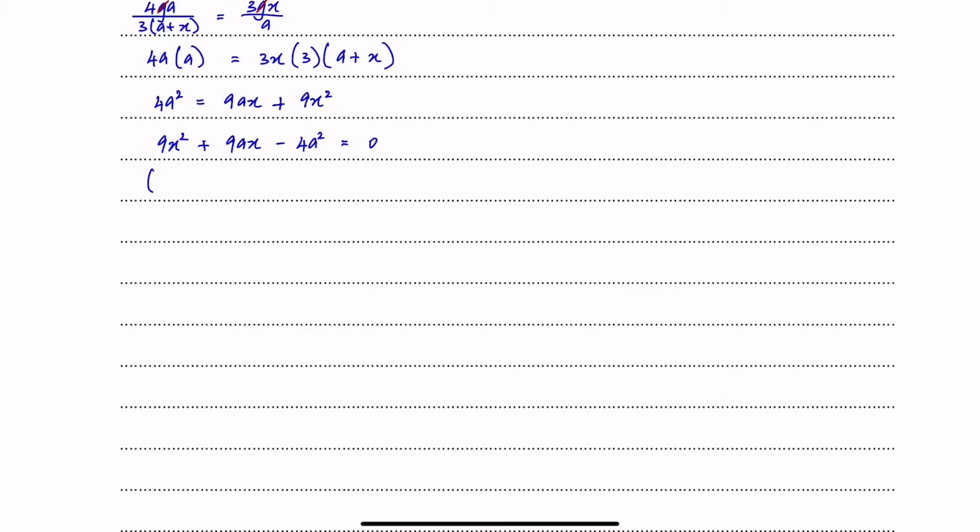And we factorize this, we would get 3x minus a and 3x plus 4a. So x would be 1/3 a, and x would be negative 4/3 a. And we know that extension should be a positive value, so we would reject this. And 1/3 a would be our final answer.